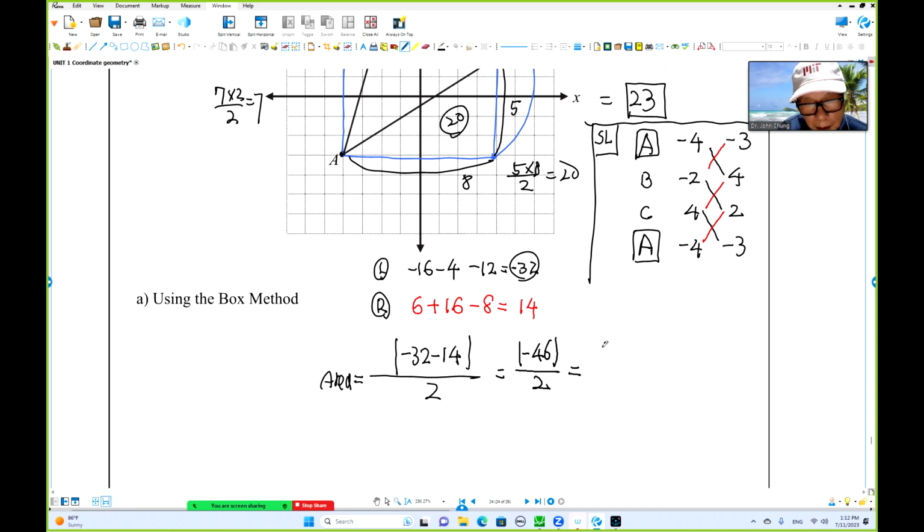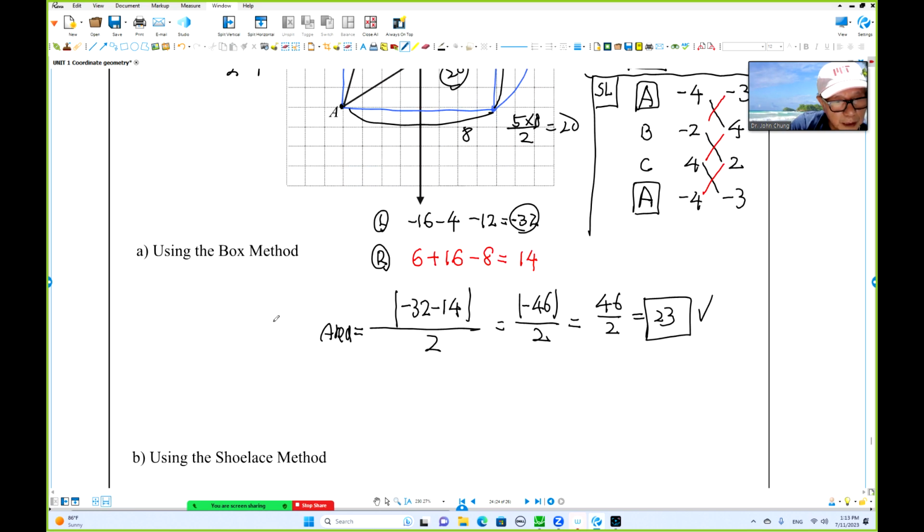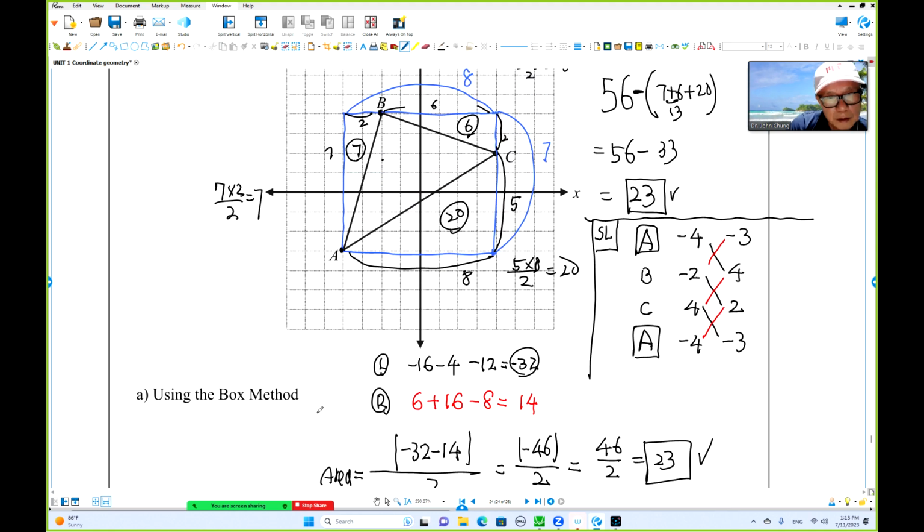Absolute value makes it a positive 46 over 2 equals 23, okay? Check it out. They have the same number. Okay, yeah, it has the same figure. So it's going to be equal, right? So we just used the box and shoelace, okay? Don't forget the formula of your shoelace, okay? But box method is a very popular one.